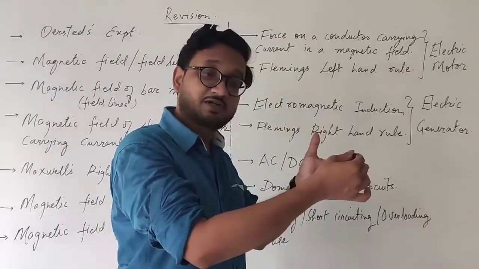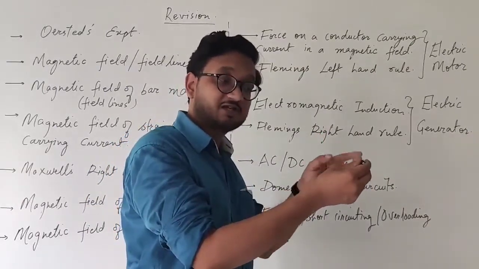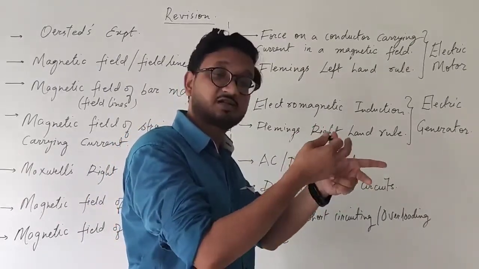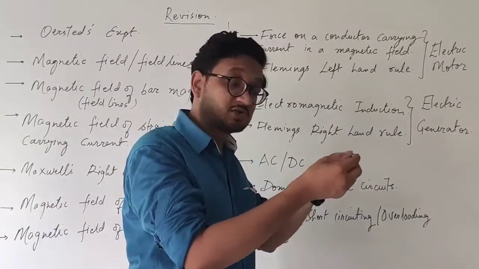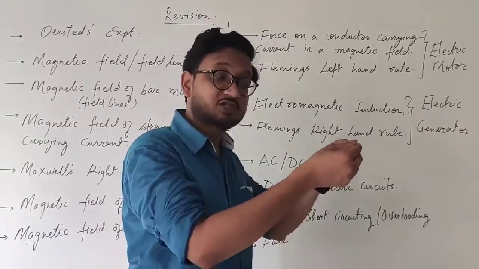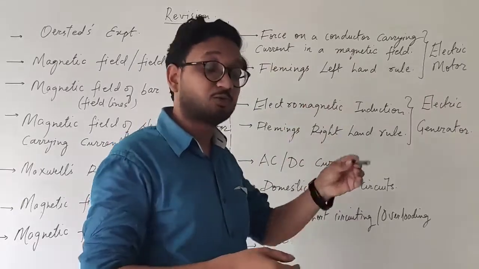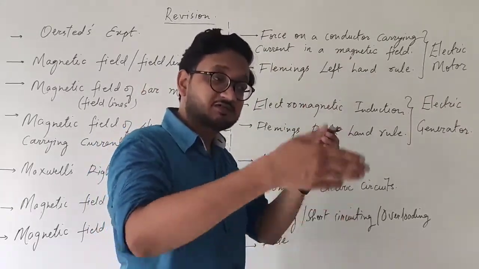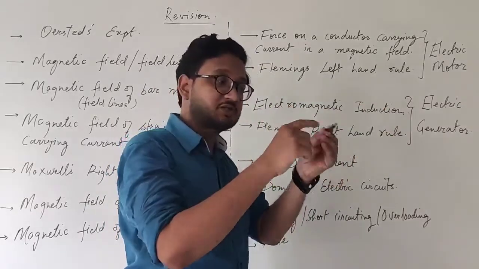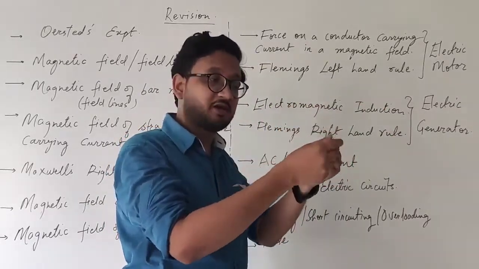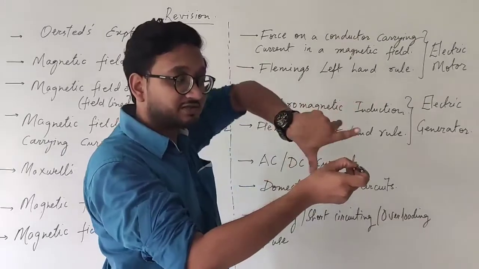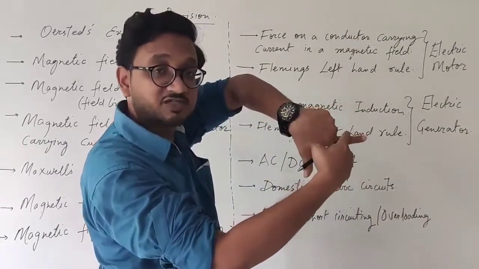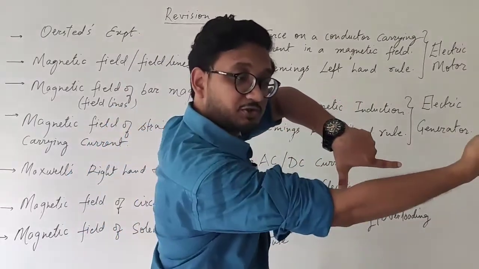So this is how it is. I am passing the current from this direction to this direction, and as a result, the thumb is pointing in the upward direction. So the conductor will experience force in the upward direction. It will try to move upwards. Similarly, if the current direction is reversed, that is from the top of the pen to the bottom of the pen, so now I am changing the direction of the current like this, but I am not changing the direction of the first finger because the magnetic field is still from north to south.